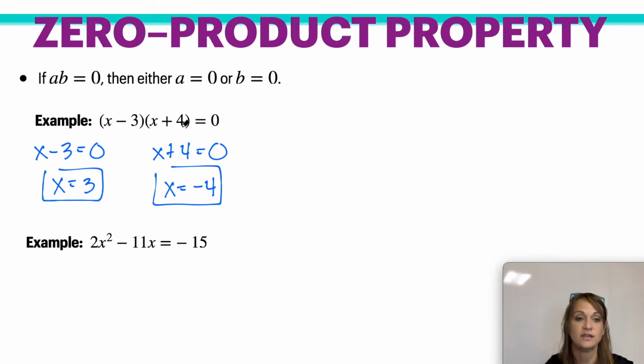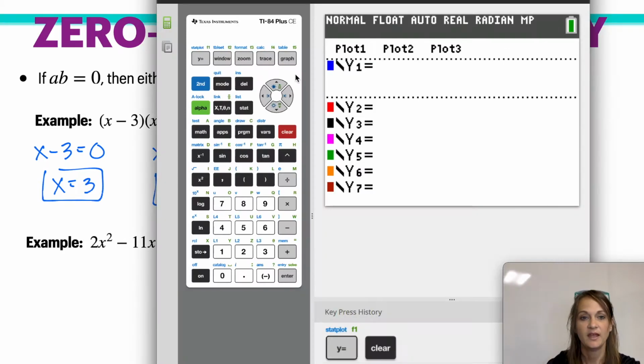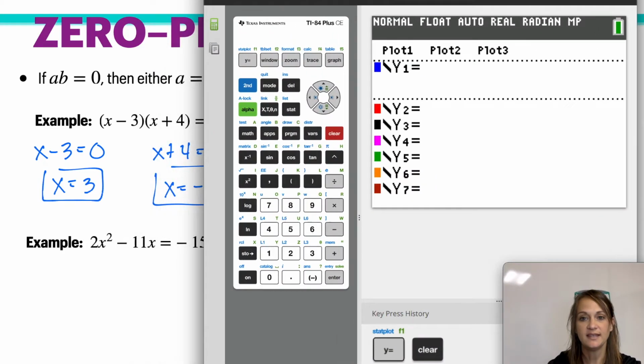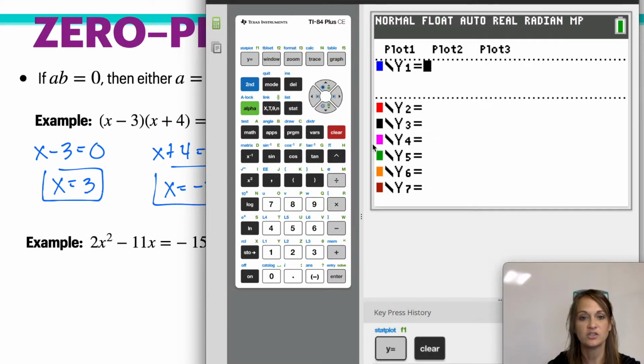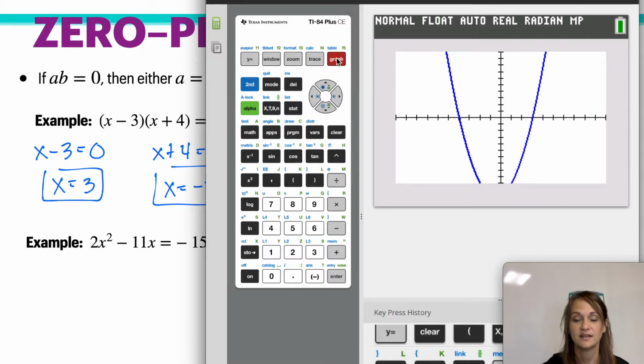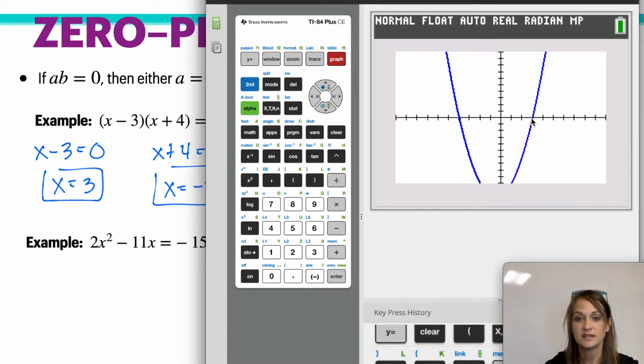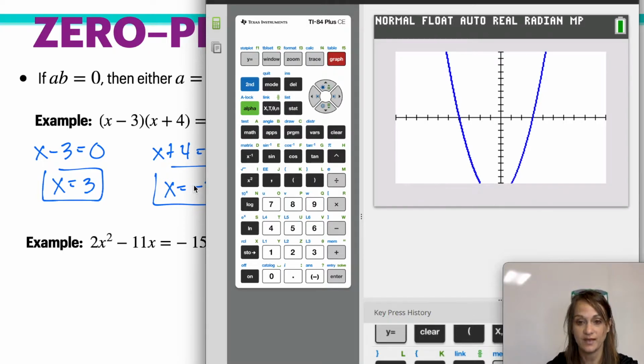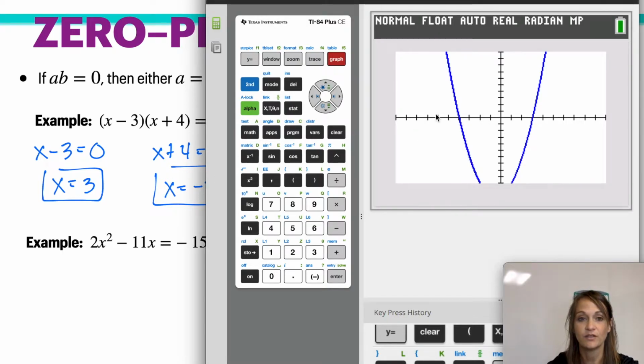And that actually will also tell you the zeros of that function, x minus 3 times x plus 4, if you were to graph it. If you plugged in this function and graphed it, it would cross the x-axis at -4, which we got, and at 3, which we got.